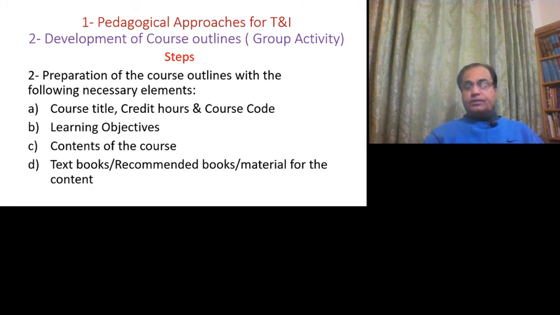Internet resources can also be mentioned here. Maybe some videos, maybe some audios, some lectures here and there, the material for the content that you have given previously in number C.